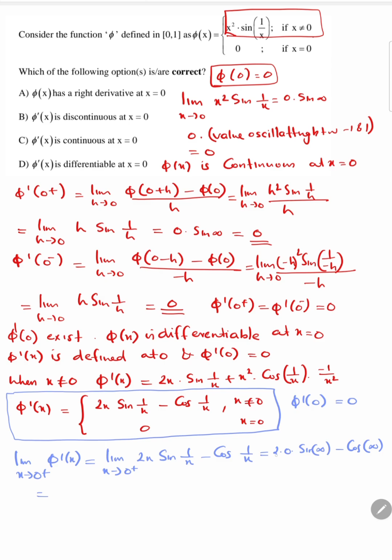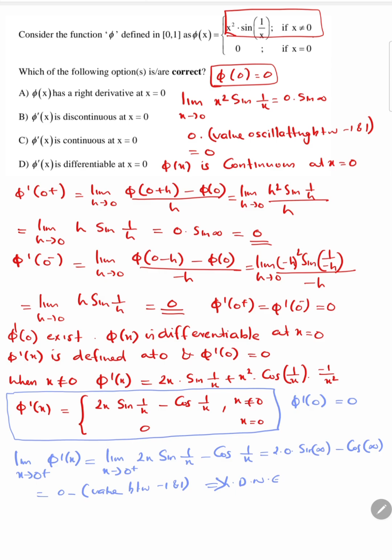So what we got is 2 into 0 into sin infinity. 0 into sin infinity will be again 0. Previously we did that. So it will be 0 minus cos infinity. What is cos infinity? The value oscillates between minus 1 and 1. So this limit does not exist, because it is oscillating between minus 1 and 1.